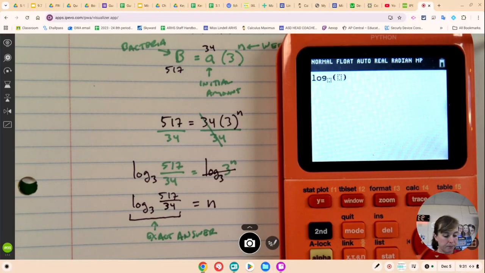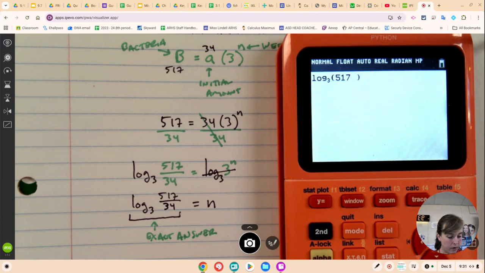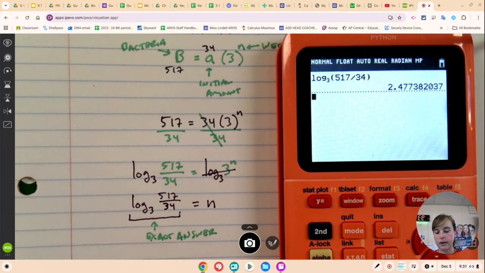That's how you can change the base to be whatever you would like. And then we can type 517 over 34. If you're using Desmos, I think it's even simpler. You can use some keyboard features to find log with a different base, or you can use their little menu with all the different functions. So that would also work.